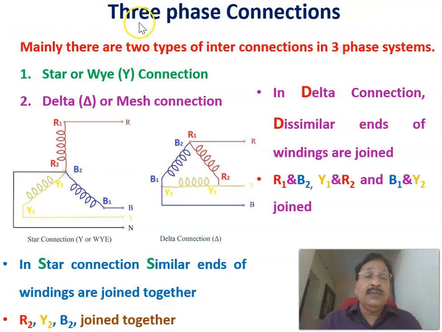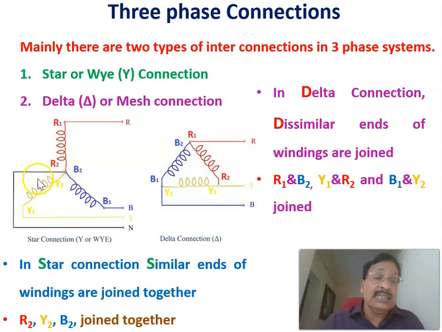Now let us see the different connections of a three-phase system. Mainly there are two types of interconnection in a three-phase system. One we call the star connection, or Y connection, or the delta connection, or mesh connection. This is called the star connection. You can say that there are three windings R1, R2, B1, B2, Y1, Y2.